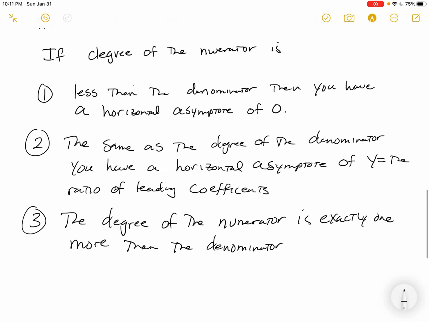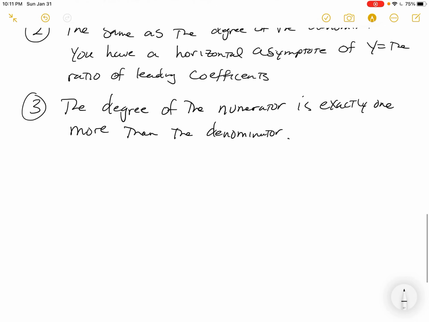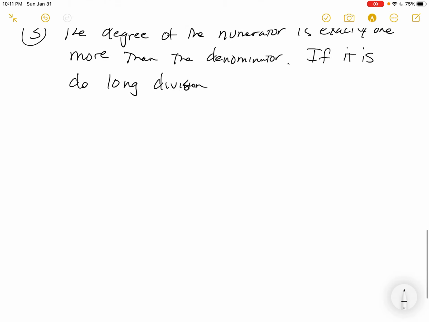Okay, so let's practice with that. And then if it is, do long division. I know you're not going to like that, but we have to do long division. Okay, so let me show you an example.